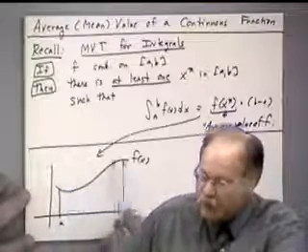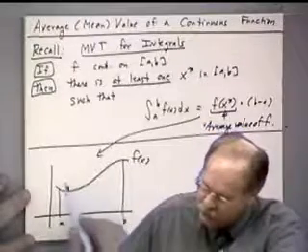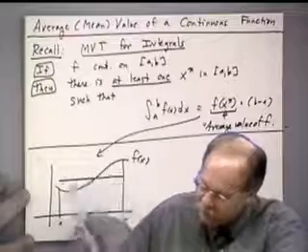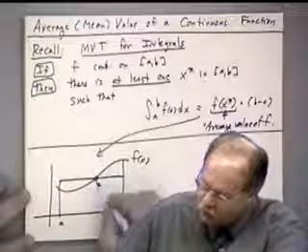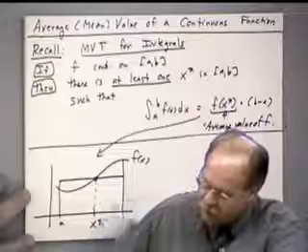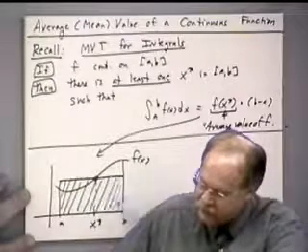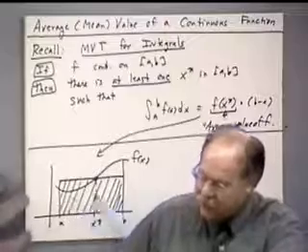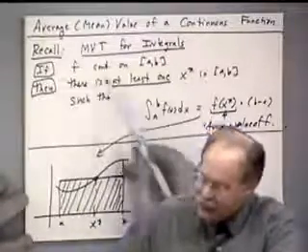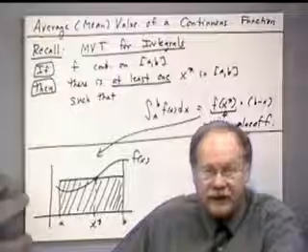If you took one up here it would be too large. But if you took one somewhere in the middle, at the very correct place here, which would be x star, whatever that place is, then the area of that rectangle would equal the area under the curve. The continuity of the function makes this happen.